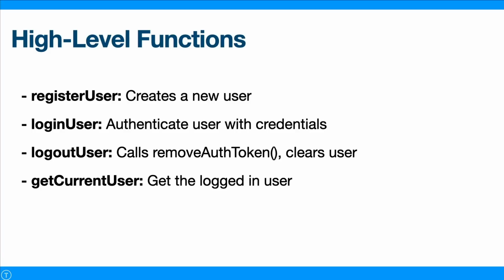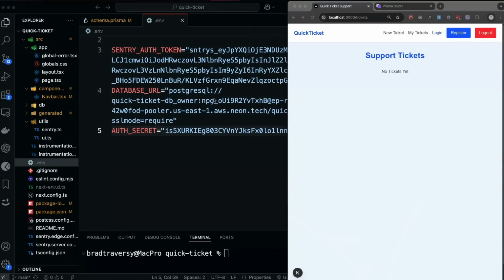So if you want to obviously view your tickets, it needs to know what user is logged in. And that happens because you authenticate the user, that ID gets put into the token, and then that cookie that has the token gets sent to the server on every request, and it validates the user, and then you can return it in this function and do what you want with that user.